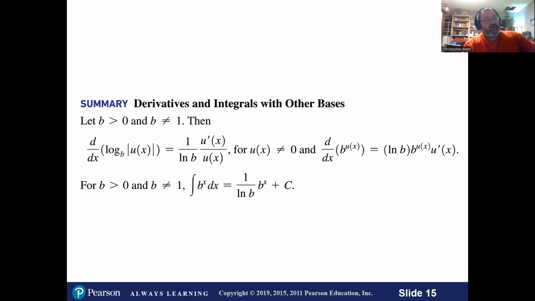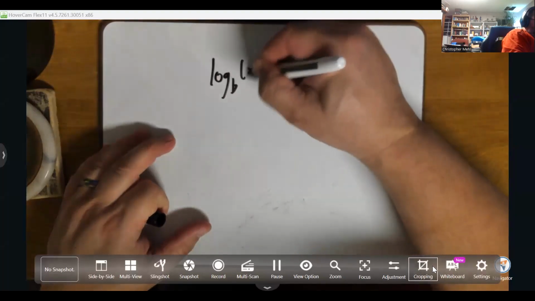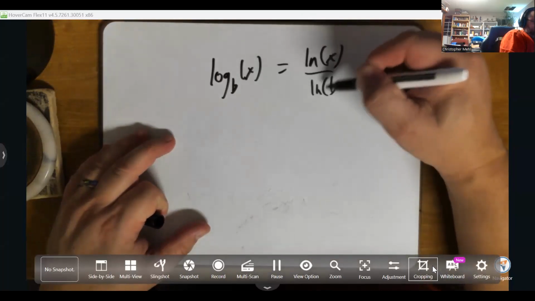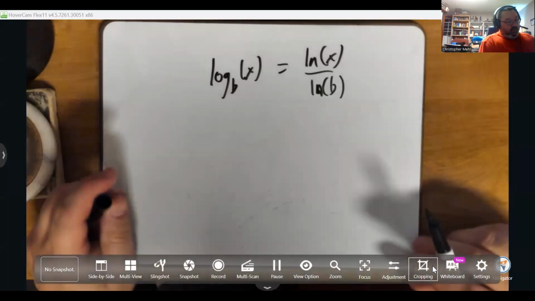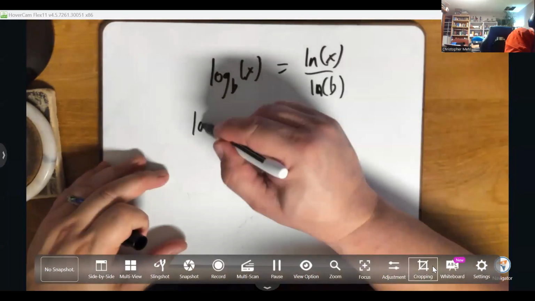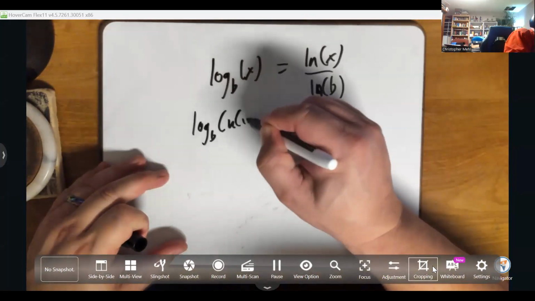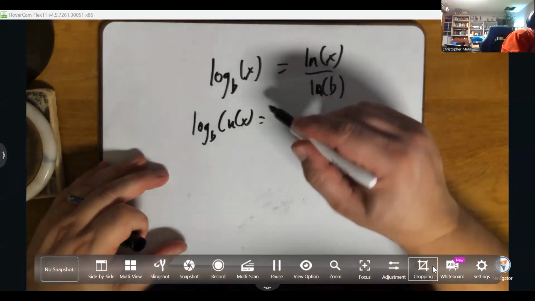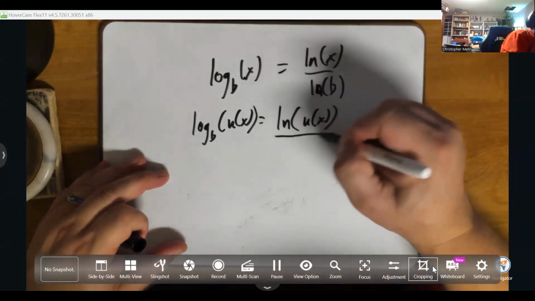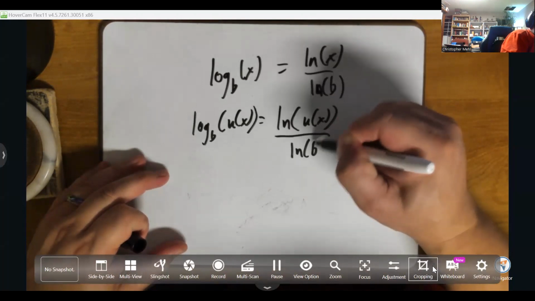Okay, so we also have, remember, the change of base formula for the log. Let me jump here and refresh your memory. We stated before that log base b of x we could write as the natural log of x over the natural log of b. So if you have the log base b of u of x, then we would just be writing that as the natural log of u of x over the natural log of b.